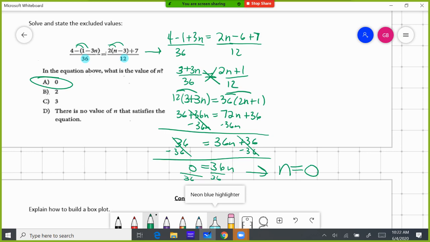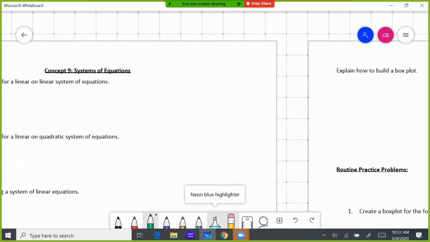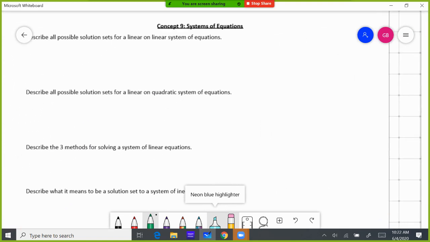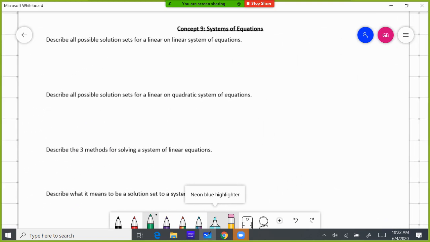Okay, we can continue here. Concept 9, systems of equations. Describe all possible solution sets for a linear on linear system of equations. So for linear on linear, we have two lines.